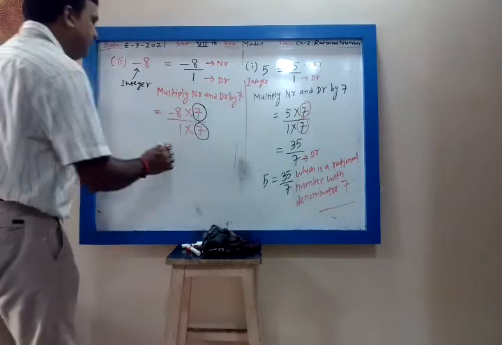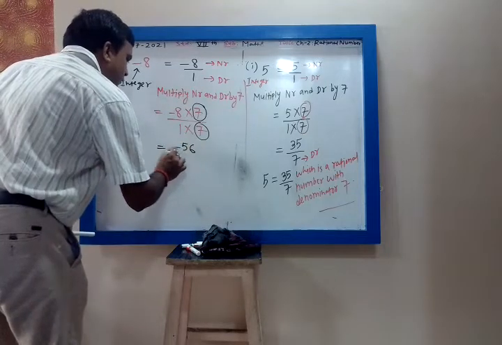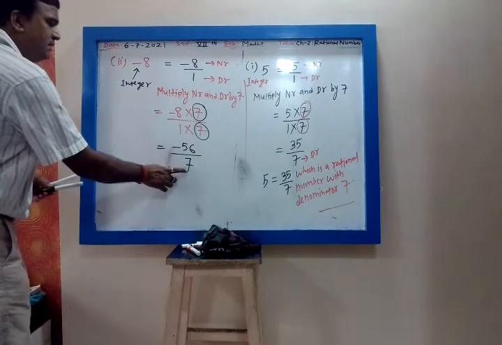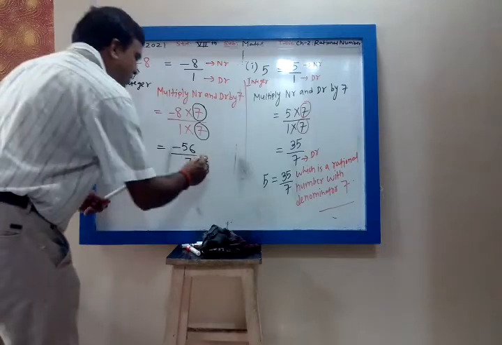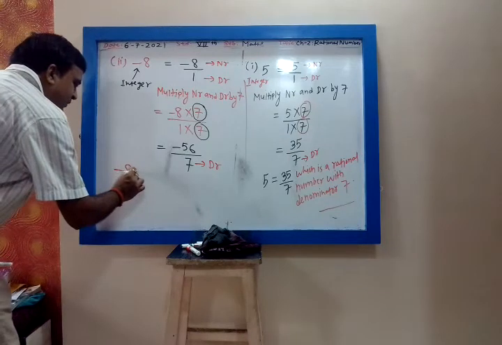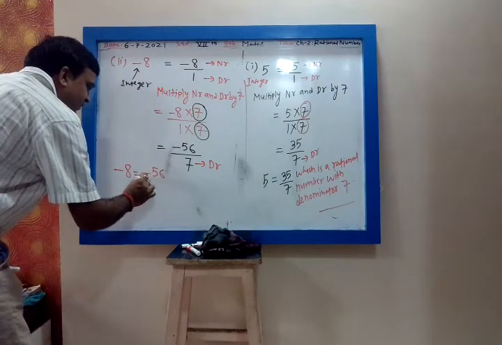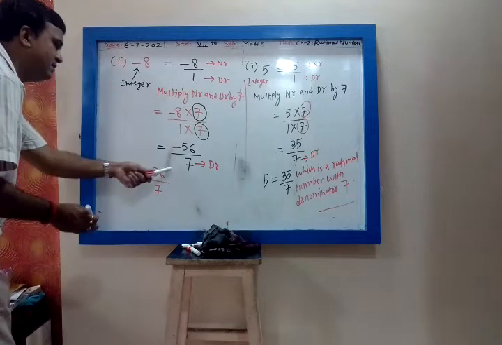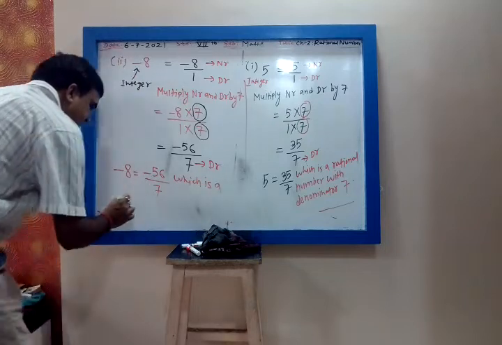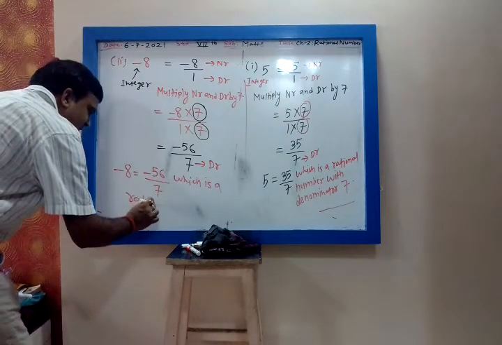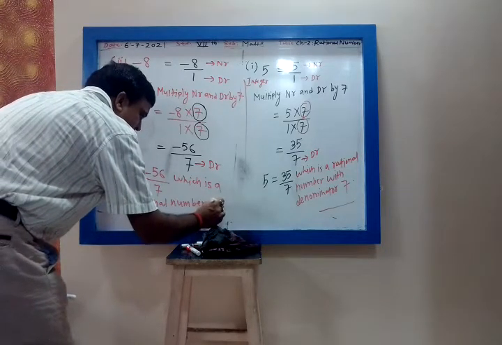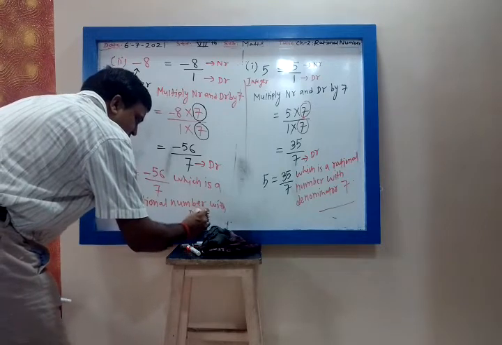So minus 8 into 7 is minus 56, upon 1 into 7, which is 7. Now the denominator is 7, so we stop here. So minus 8 I can write as minus 56 upon 7, which is a rational number with denominator 7. Is it clear?